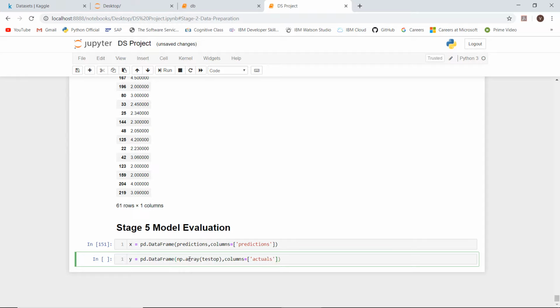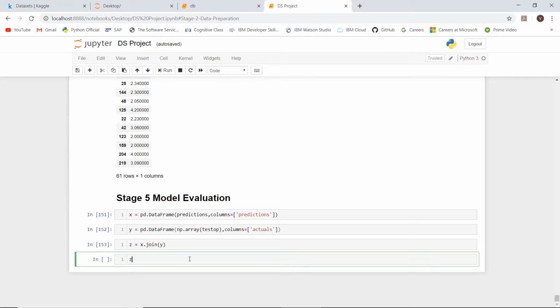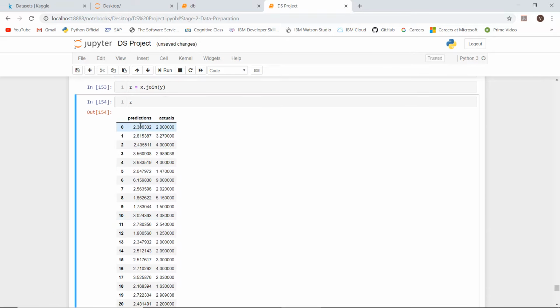Then let us join x dot join y and store it in z. So display z. This is the model prediction, but the actual value is 2.